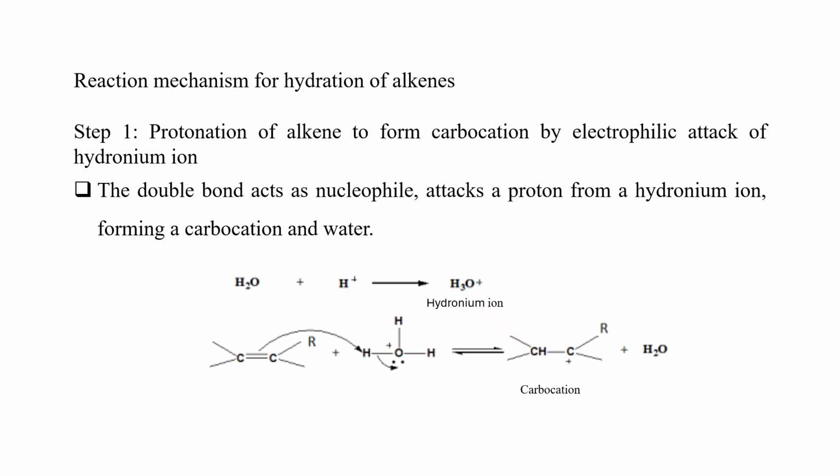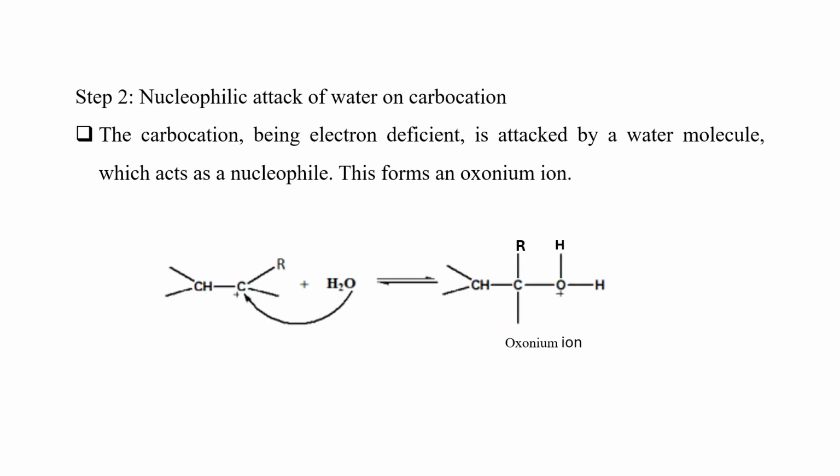Now, moving on to the second step, that is the nucleophilic attack of water on carbocation, right? We say that carbocation is electron poor, that is electron deficient or an electrophile, right? So the carbocation is going to be attacked by a water molecule which acts as a nucleophile, right? And in the process, we have oxonium ion as our product, right?